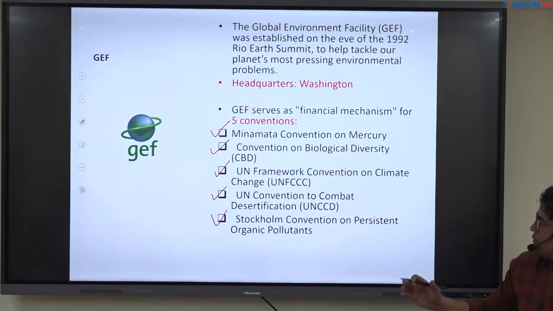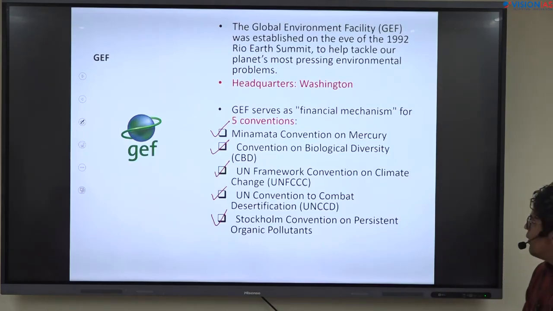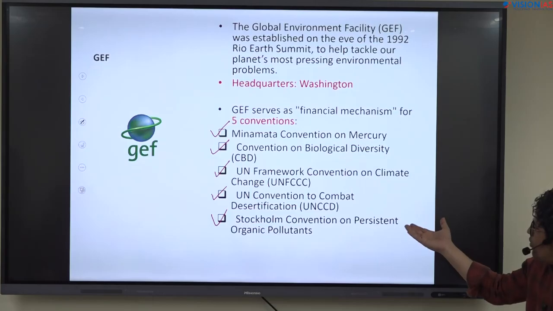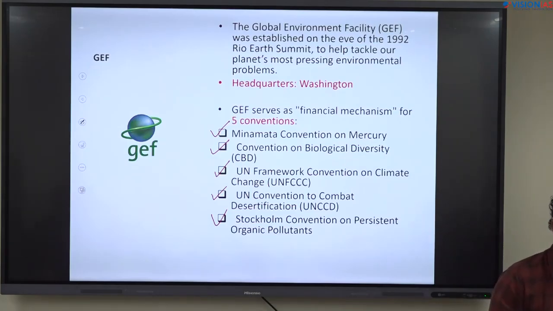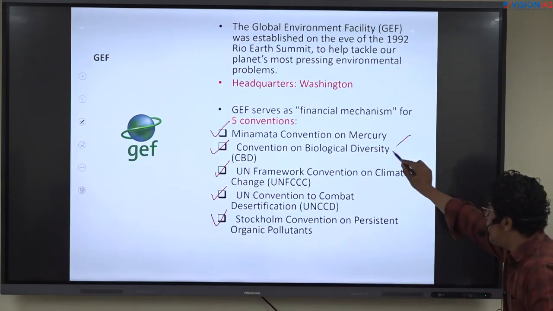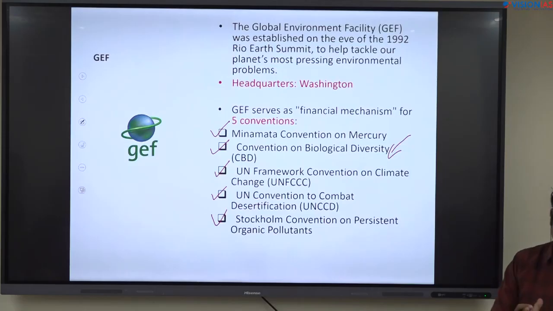So it means a poor country can go to GEF, and if they want to implement any of them, they can take financial help from GEF. For example, if India wants to implement a project on biodiversity, India wants to conserve the biodiversity, and India does not have financial resources, India can take loan from GEF.